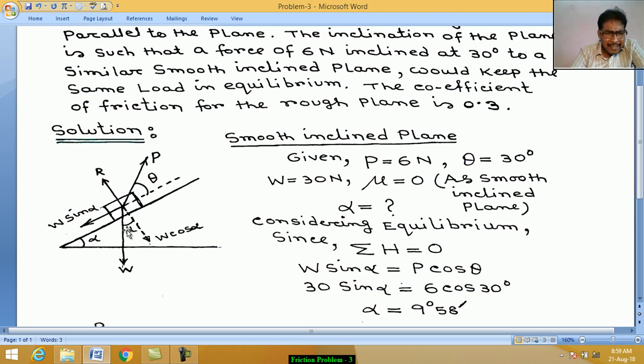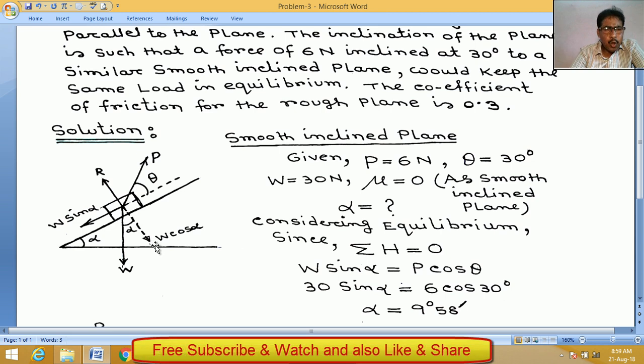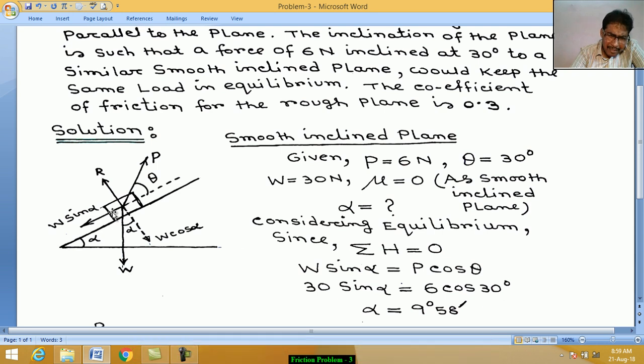Component of W in this direction, W cos alpha. Component of W in this direction, W sin alpha. P force applied with theta degree. Component in this direction, P cos theta. Component in this direction, P sin theta.